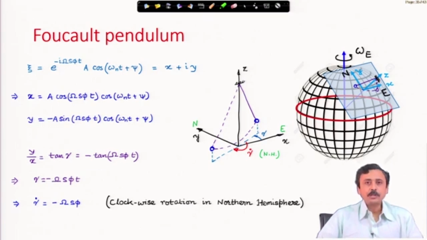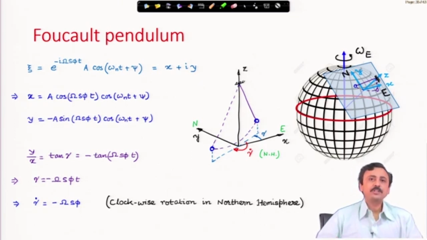Now, because this is small, if you have to demonstrate this, first of all you will have to take a pendulum which can oscillate long enough, because this rotation is very small. So, it will take a huge amount of time to see a sizable, perceptible rotation.